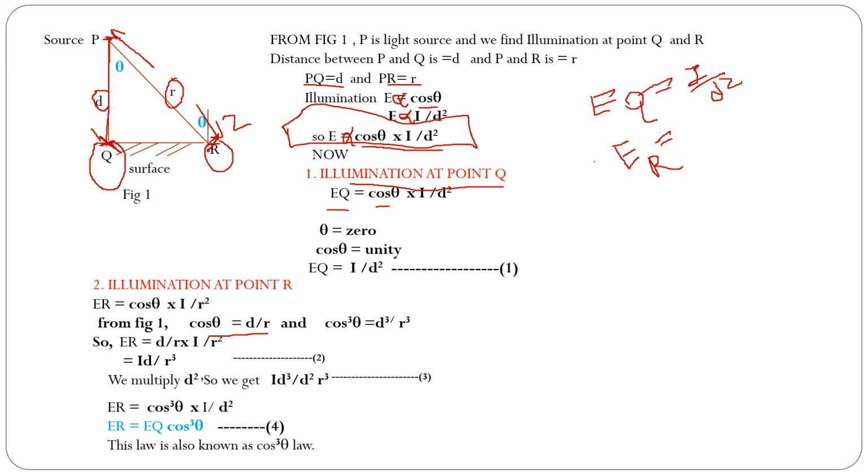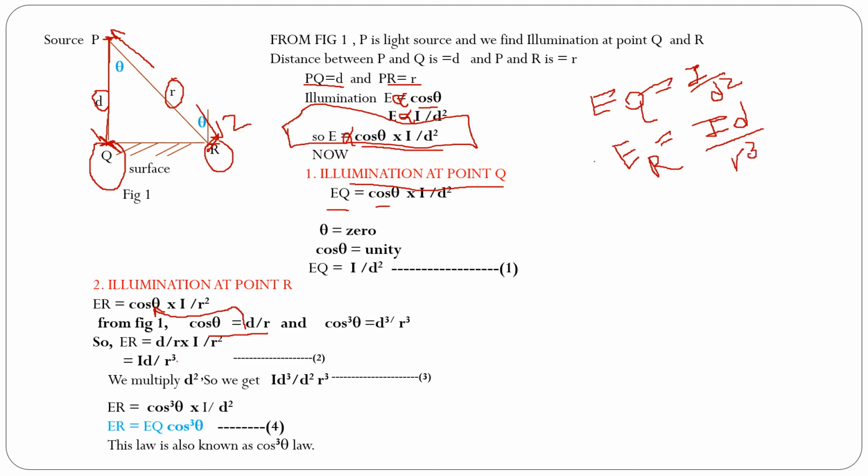Now ER is equal to, now I replace this value over here. So ER is equal to d by r into I by r square. So finally I get ER is equal to I d by r cube.